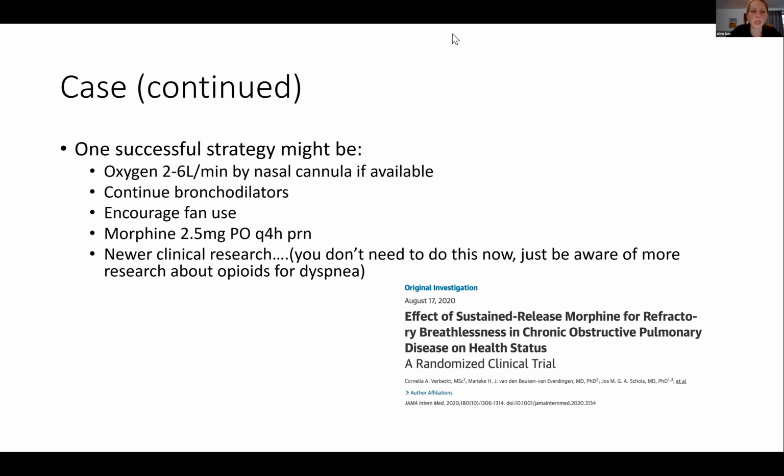There is some new research out in August of 2020 that showed an effective use of sustained release morphine for COPD. So we also do need to remember that we can look to research. We can make sure that we are up and aware of what the latest research is, and make sure that we are supporting patients in this way.